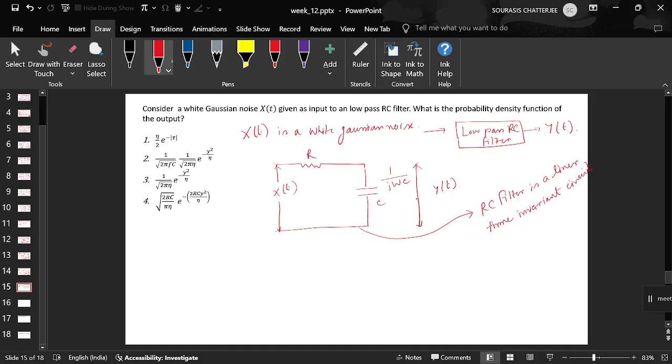So basically it's equivalent to passing through an LTI system. So if I take the frequency transform of Xt and Yt both, say Xt has a frequency transform X omega and Yt has a frequency transform Y omega, then you can see Y omega is 1 over j omega C divided by 1 over j omega C plus R times X omega, right?